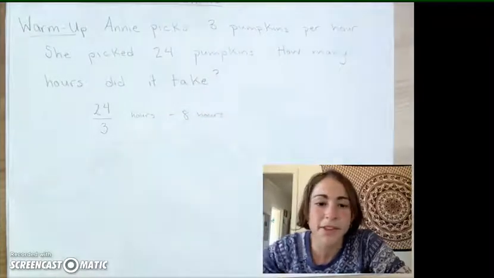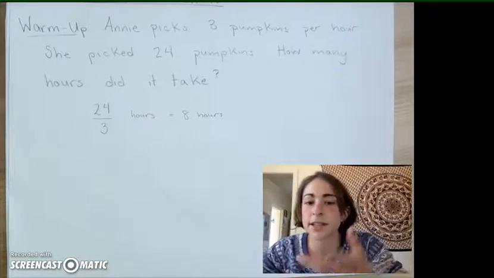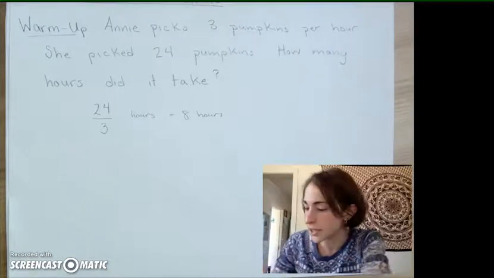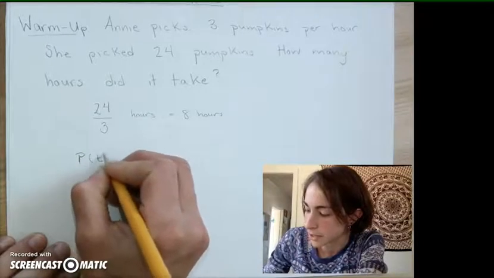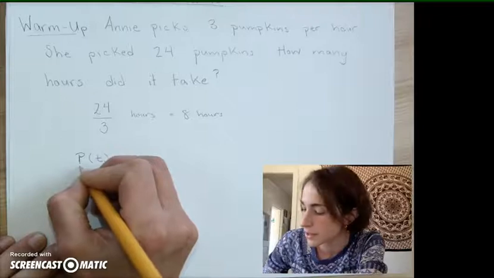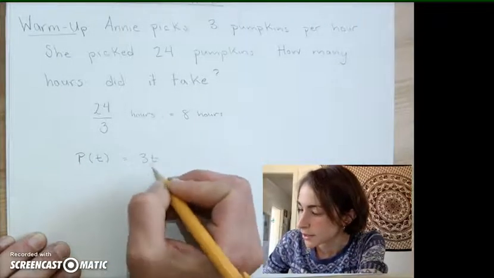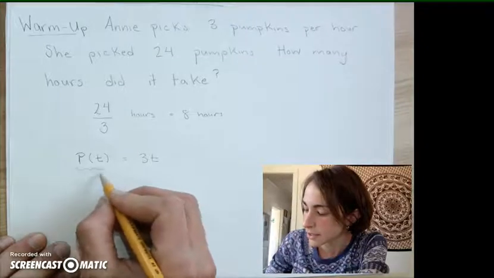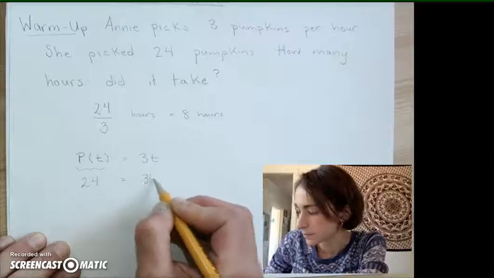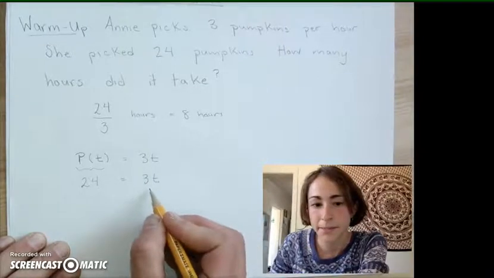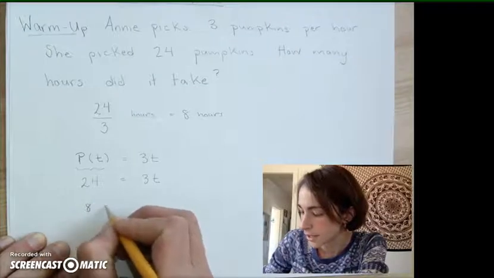You could probably figure that out just using your logic, but if we think about this in the way of functions, remember Annie's pumpkin picking function we called P of t, where t was measured in hours, and this told us the number of pumpkins. And that's 3 times t. So what we're saying here is if P of t is 24, then what's t? Well, we would get t just by dividing both sides of this equation by 3. So 8 equals t.